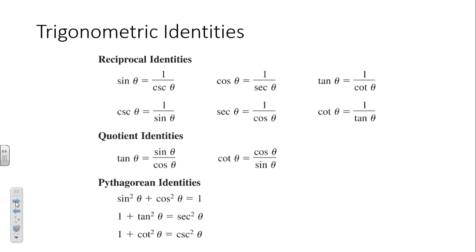Because if I take sine squared plus cosine squared equals 1, and I divide everybody by the sine squared, I get 1 plus, what is cosine squared over sine squared?